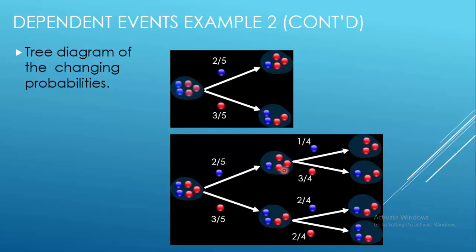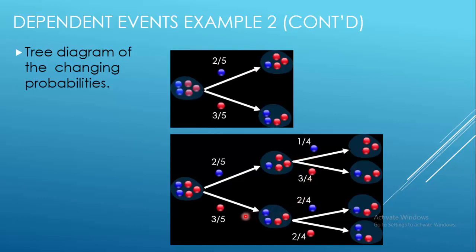So out of 4 marbles, if you got a blue marble in the first draw, then only one blue marble is left over here. So in the second draw, the chance to get a blue marble is 1 by 4, and to get a red marble is 3 by 4.